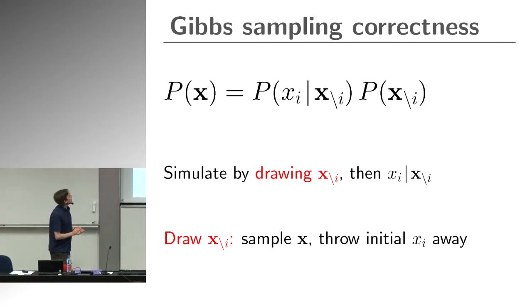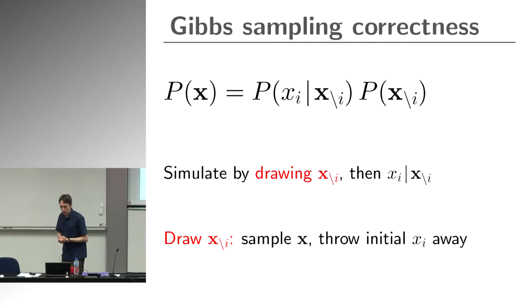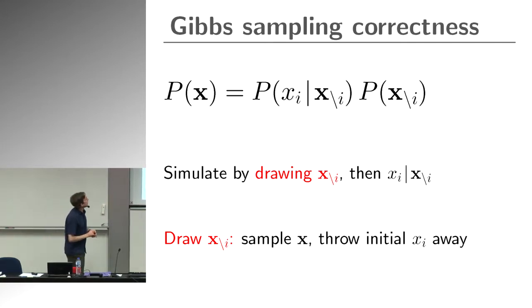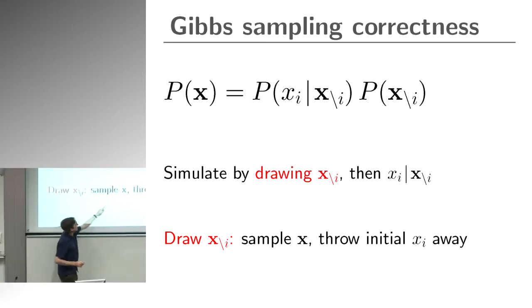Okay. So how do we implement that? How do I implement sampling all but one of the variables? Well, an easy way to sample from a subset of variables is to sample all the variables and throw away the ones you don't want. So I could sample all but one of the variables by sampling all the variables and throwing one of them away.